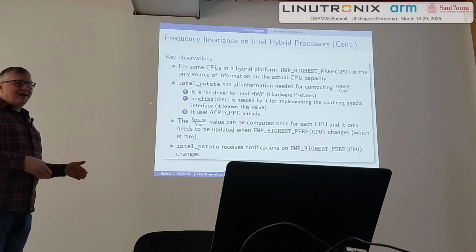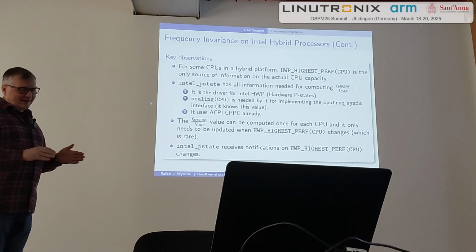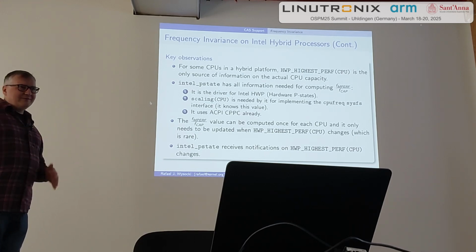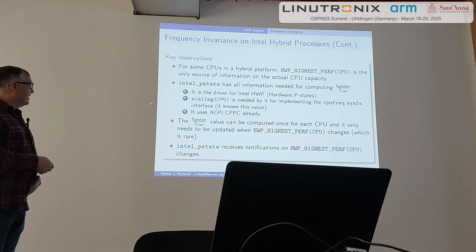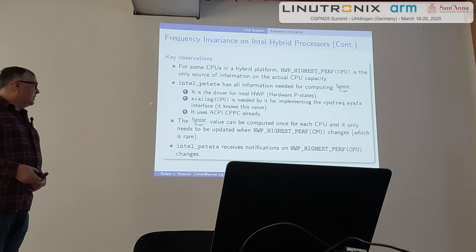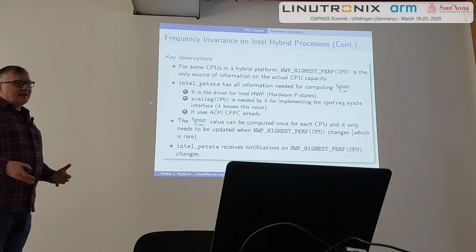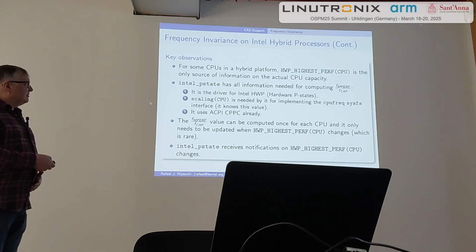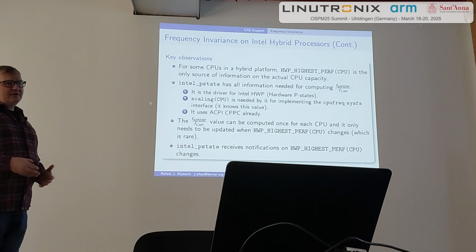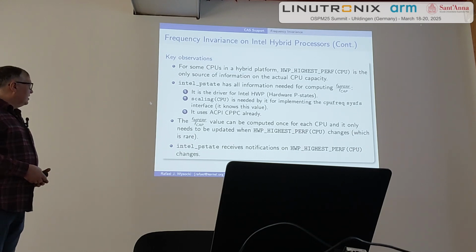So anyway, you need to cast the HWP scale to the frequency scale, and so this is known anyway. And CPPC is used by it, so Intel P-State can just compute this thing and tell the scheduler to use it, and then it all works.